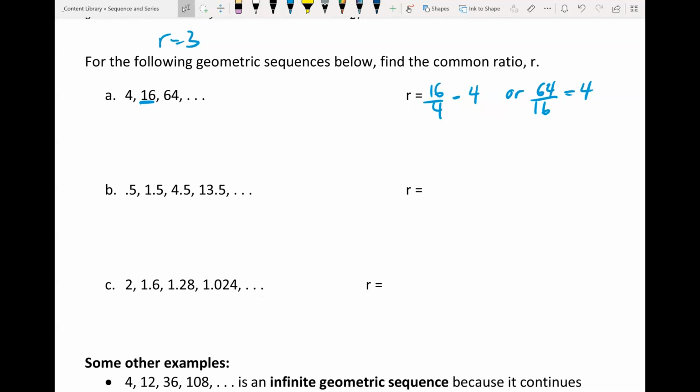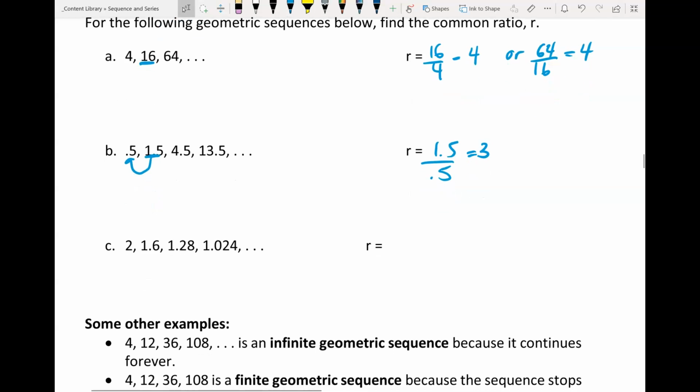For the next one, we can do 1.5 and then divide it by the term just before it, which is 0.5. This is 3. And then lastly for C, I'll take 1.6 divided by the term just before it. So 1.6 divided by 2, this is 0.8.